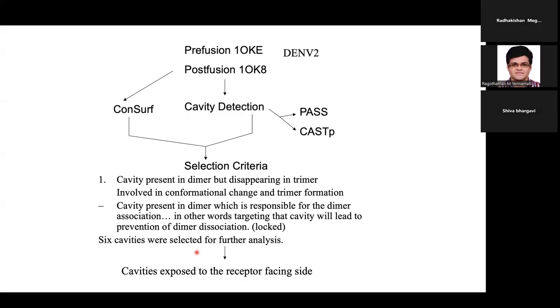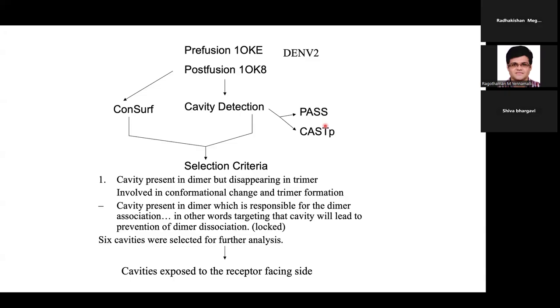In contrast, CASP, this is another tool where we'll look at the identification of a cavity in terms of area, volume. So basically, it will look at surface area, it will look at surface volume, and then it will rank how many cavities are there which are highly deep.